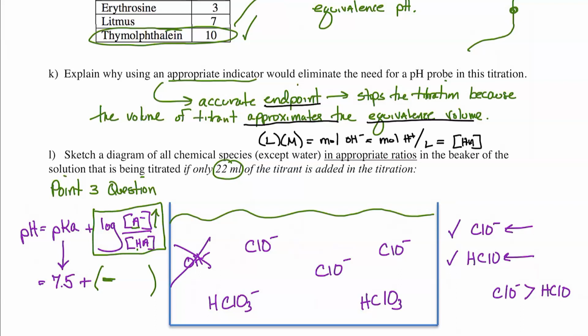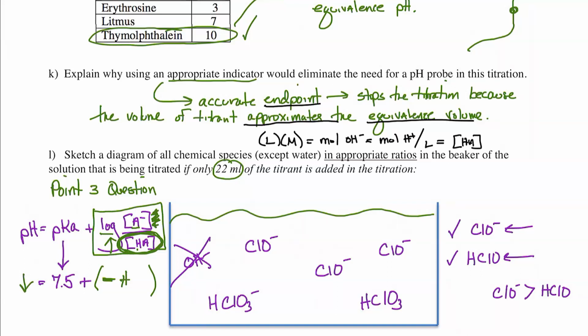The only way you get a negative is if your reactant here, or your denominator, is bigger. That would make this number in this box a number less than 1, and a log of less than 1 becomes a negative number, whatever that might be, and you'd be subtracting to go down. Okay, so that's really what that point 3 question was about.